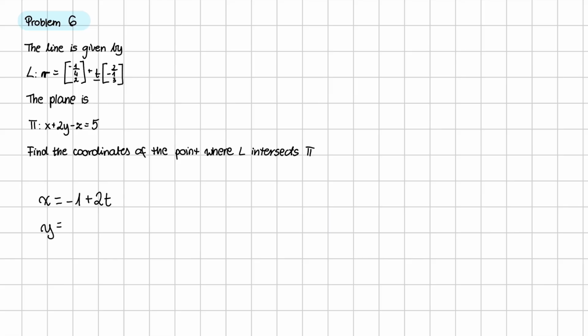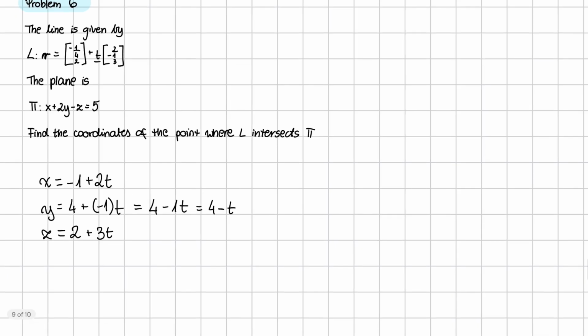Y is the second value, so 4 plus -1 times t, and z is 2 plus 3t. We can simplify this, so y is 4 minus 1t, so it's just 4 minus t.